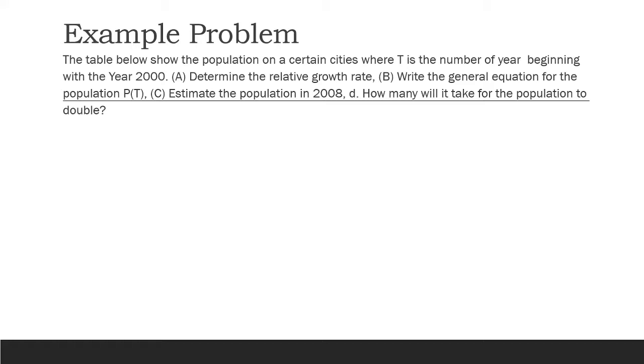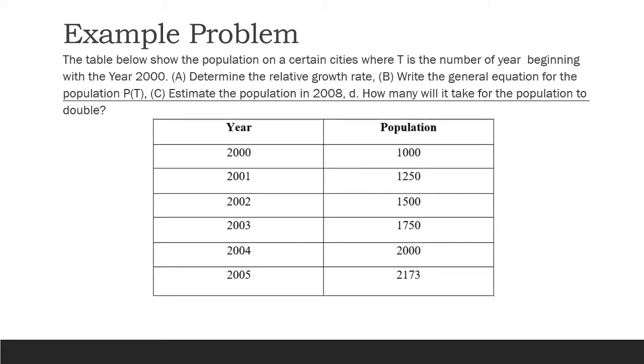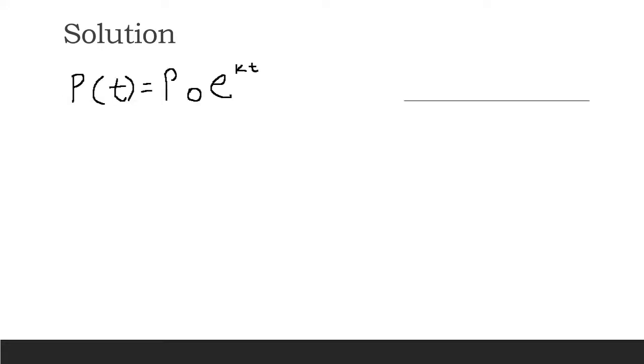So we need to use the equation P(t) = P(0)e^(kt). Our goal is to solve for k, but first we've got to find P sub 0. So what exactly is P sub 0? Well, P(0) is equal to 1000. When t is 0, that is the year 2000.